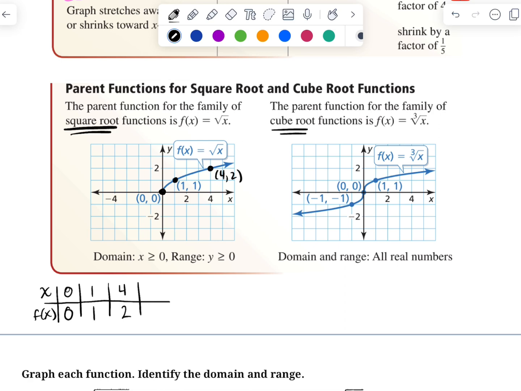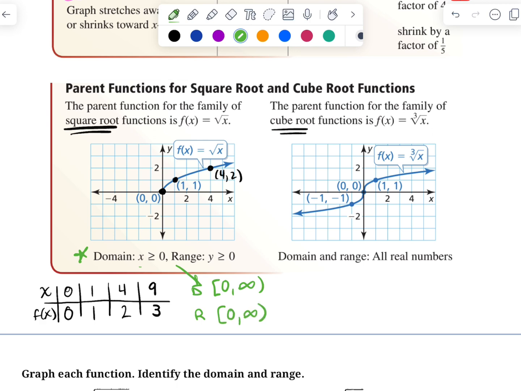And then after that, the next value I would substitute in that would be worth it would be 9, and that would be at (9, 3). Now, some things to keep in mind about the square root function. It has a restricted domain. This is not written in interval notation, so I'm going to take a moment and write this in interval notation. So from 0 to infinity for our domain, and same thing for our range, 0 to infinity.